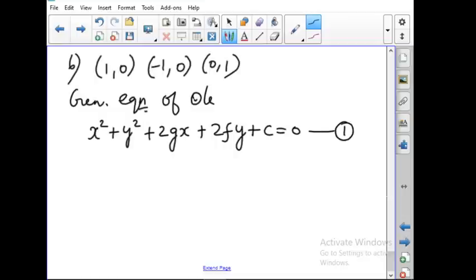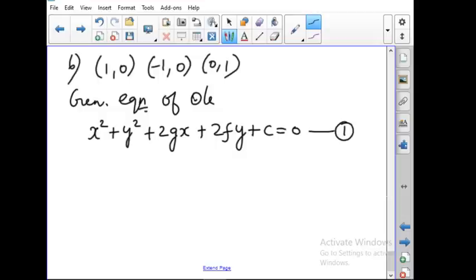Now we are going to substitute the first point and make the equation in g, f, c. And substitute the second point and make the equation with the variables g, f, c. And substitute the third point and make the equation in g, f, c. And solving the three equations, we can find the values of g, f and c. By substituting the values in this equation, we will get the equation of the circle.